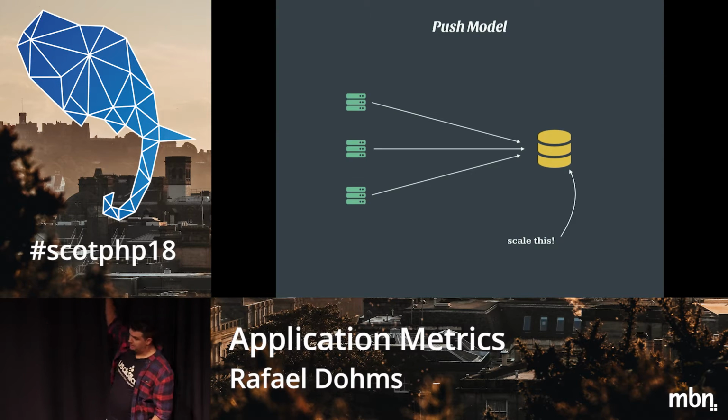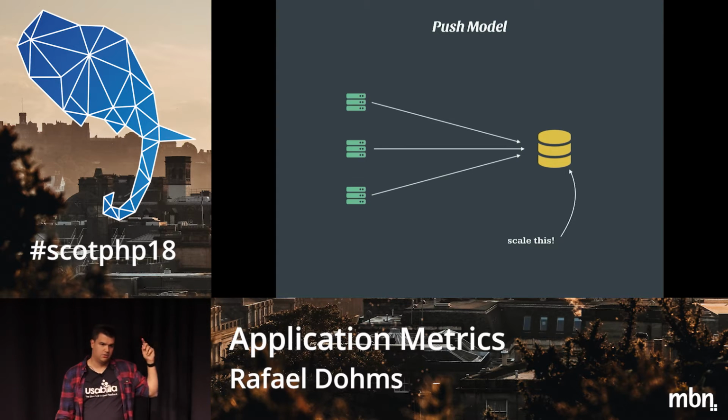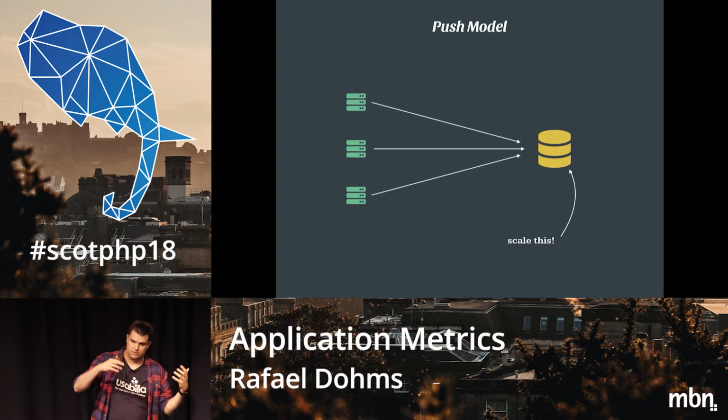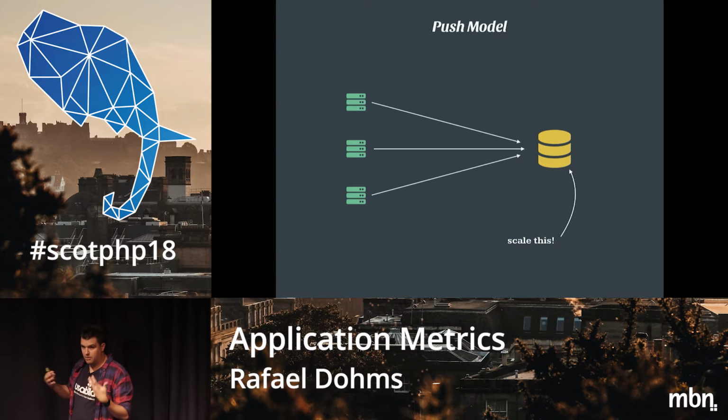Meaning that if your application starts growing, you need to make sure that that thing is not falling over or you're losing metrics, right? So you need to scale your Influx, your StatsD or whatever with the amount of traffic that you're doing. Now there's plenty of ways of doing that. It's not the most complex thing in the world, but it is something you need to be aware of.